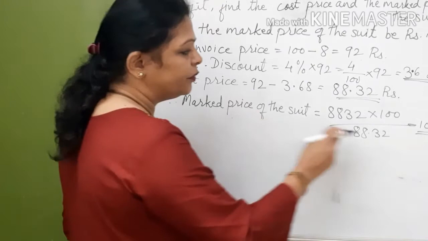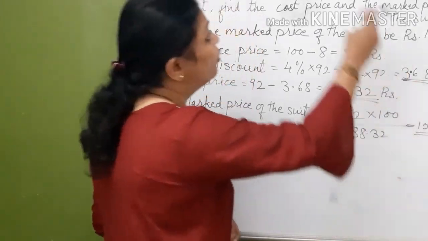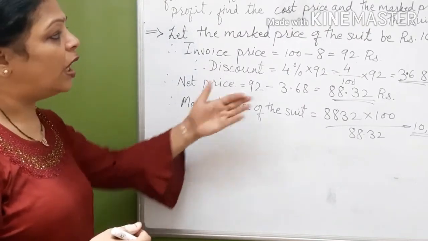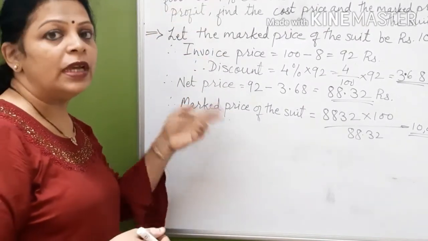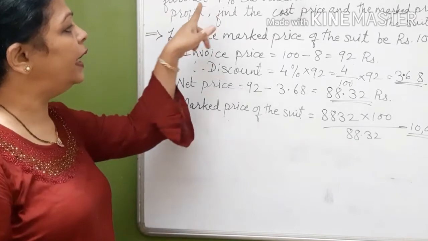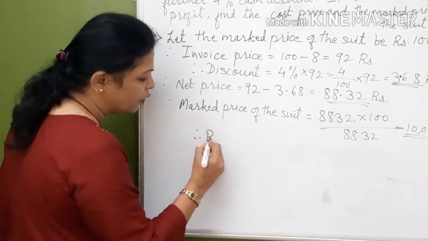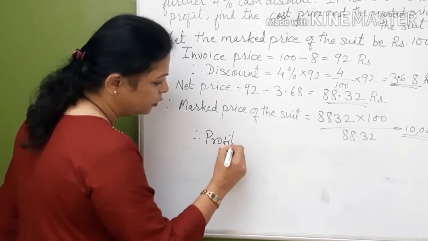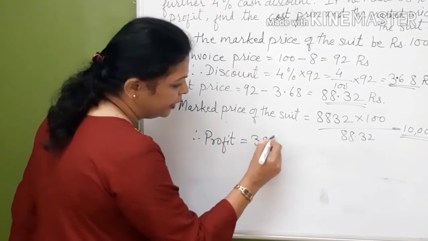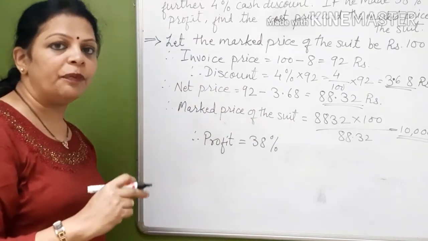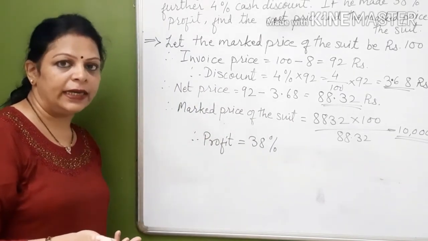Now the mark price of the suit we have got 10,000. What was the selling price? 8,832. So after giving so much of discount, still the retailer makes 38% profit. So we will write profit is equal to 38%. That means if the cost price is 100 rupees, selling price will be 138.